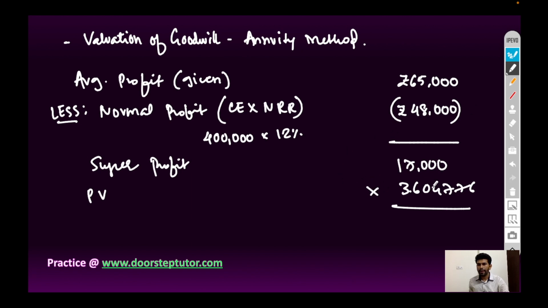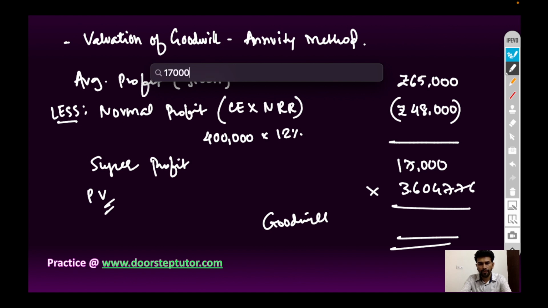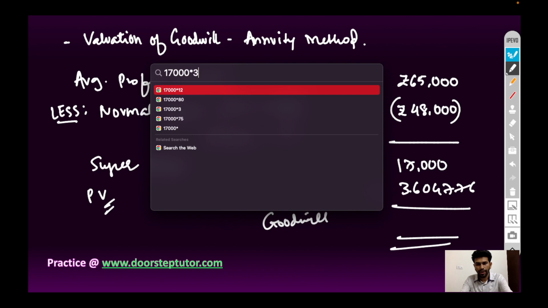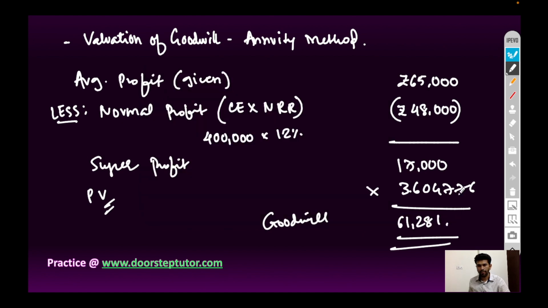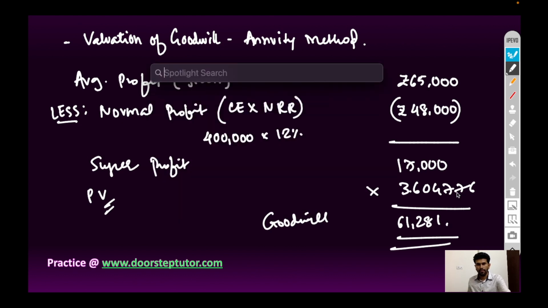Now we will multiply 17,000 rupees, that is super profit, with present value 3.604776 to get the valuation of goodwill under annuity method, because we have considered time value of money. 17,000 multiplied by 3.604776, we will get 61,281.192.